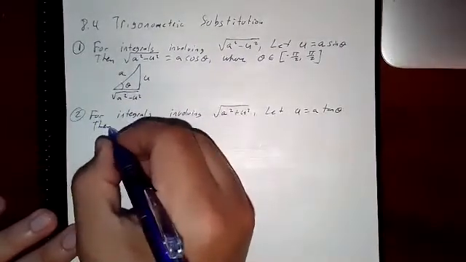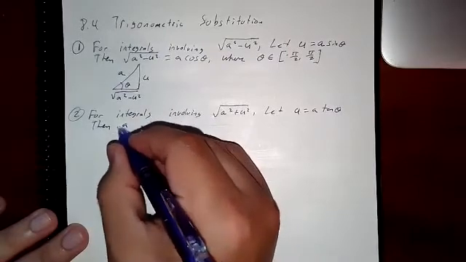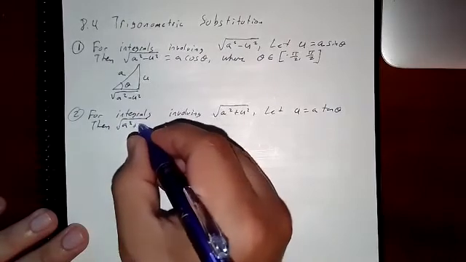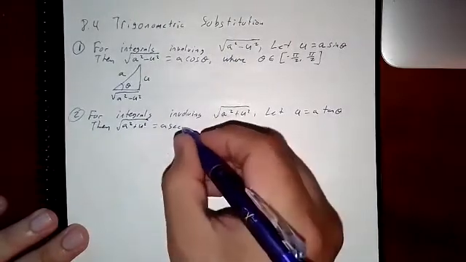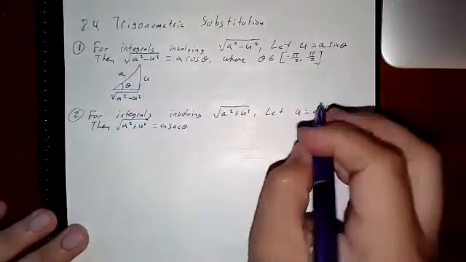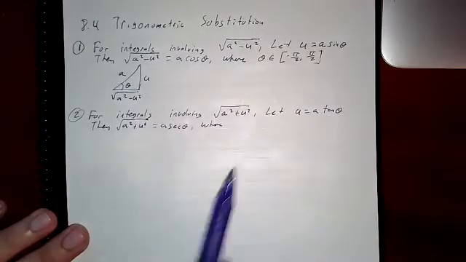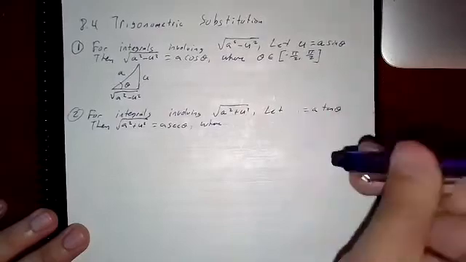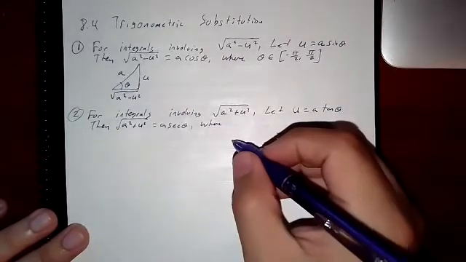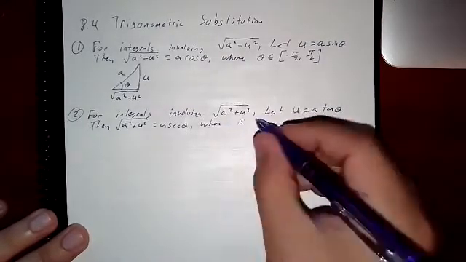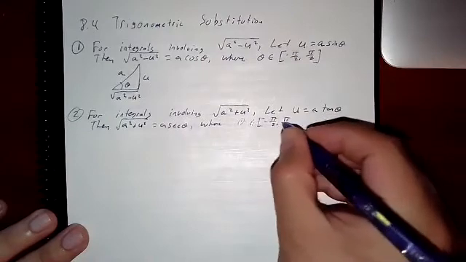Then if we do that, the square root of a squared plus u squared is equal to a secant theta, where theta is an element of negative pi over 2 to pi over 2.